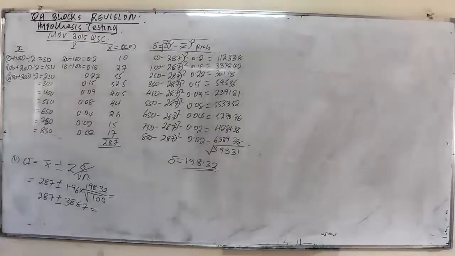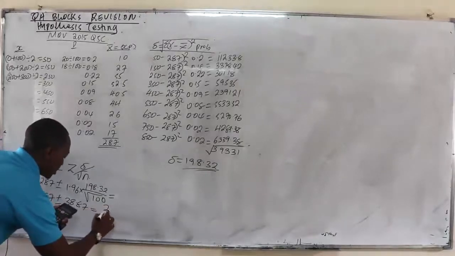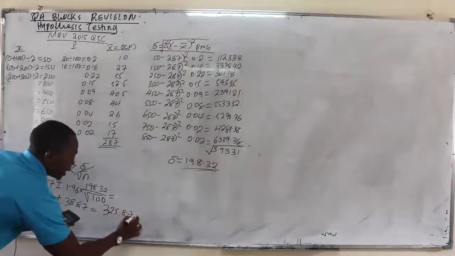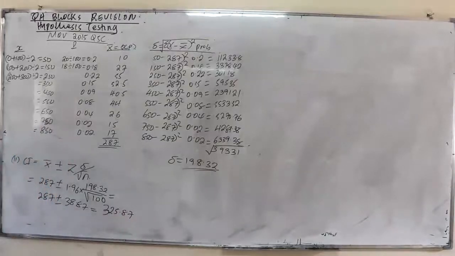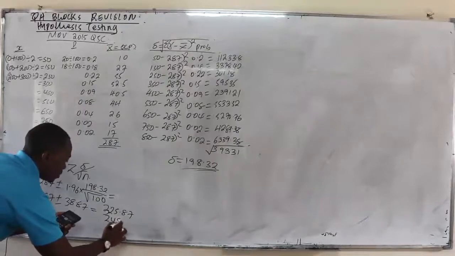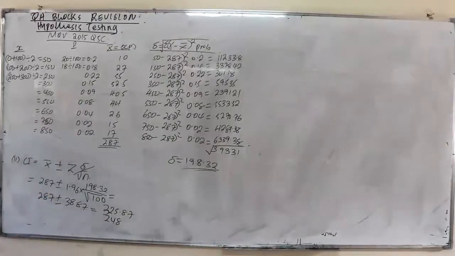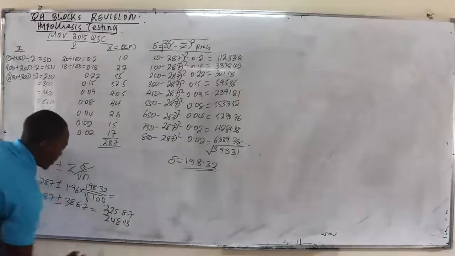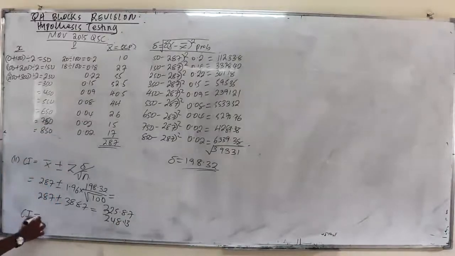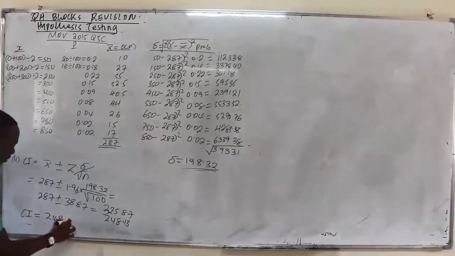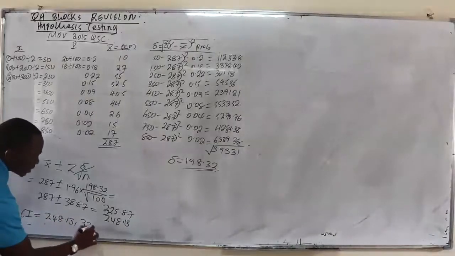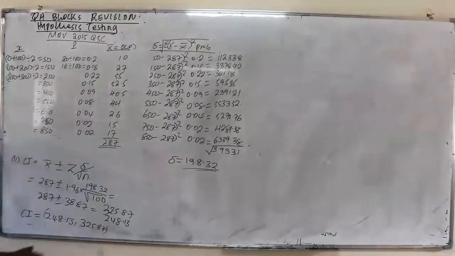That means you may have 287 plus 8.87, which is 325.87, and 287 minus 8.87, which gives 248.13. So our confidence interval means our X bar will lie between 248.13 and 325.87.